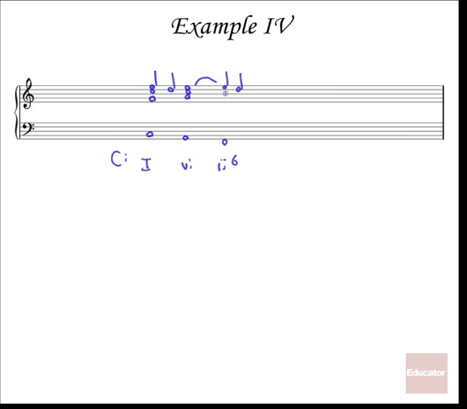So that would be D, and then 5. G, D, and then 1.